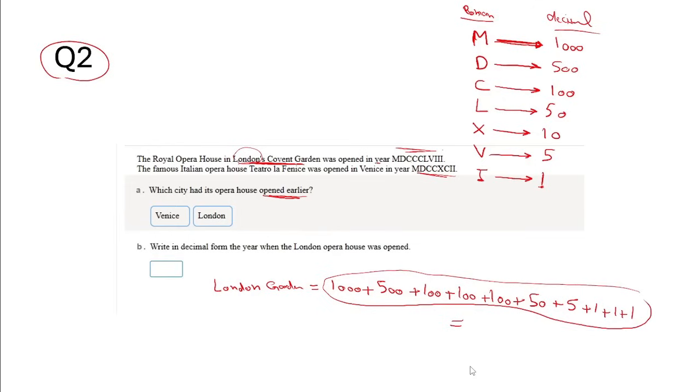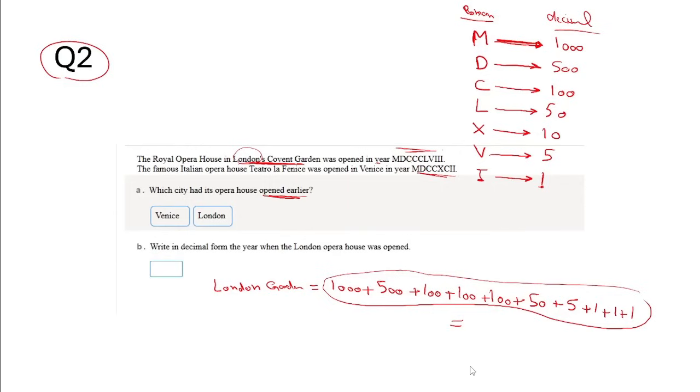So we'll add now. We have 1,000 plus 500 plus 300 plus 50 plus 5 plus 1, 2, 3.